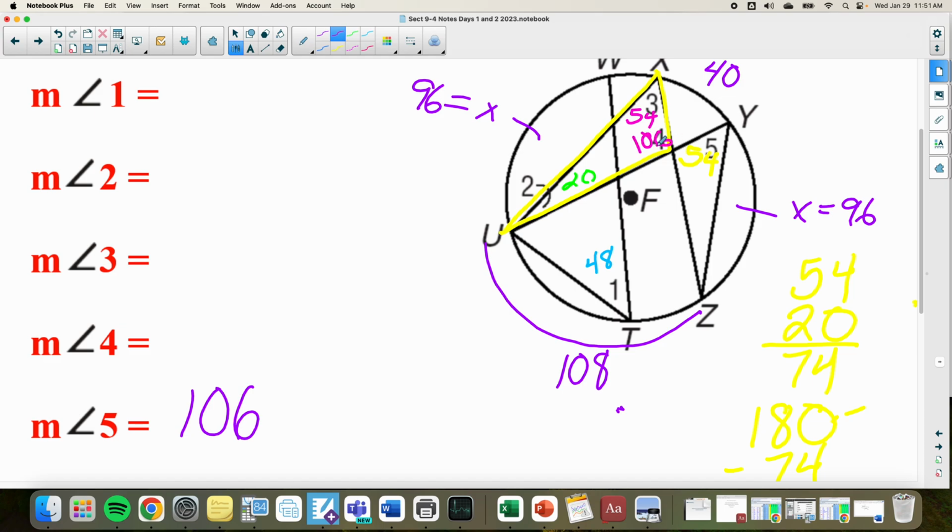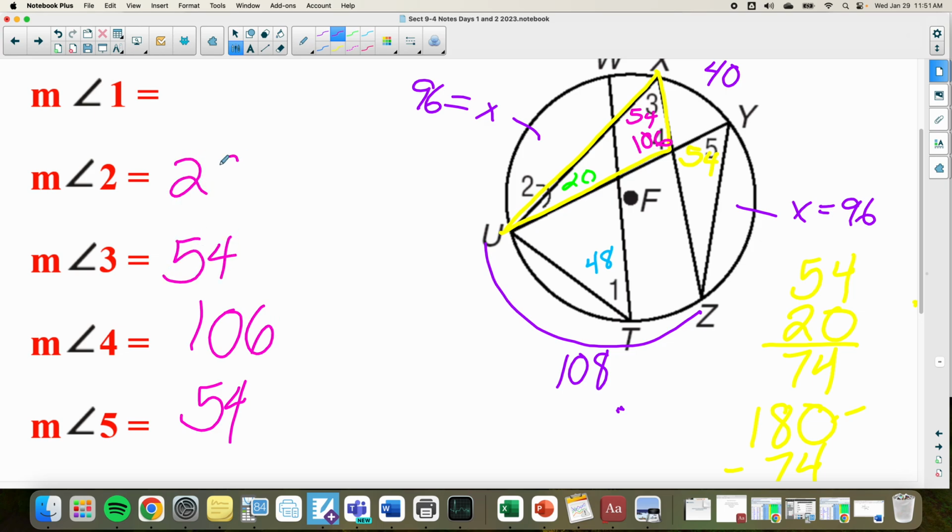Okay. Oh, I put that wrong. This is not correct. Angle 5 was 54, angle 4 is 106, 3 was 54, 2 was 20, and 1 was 48, okay?